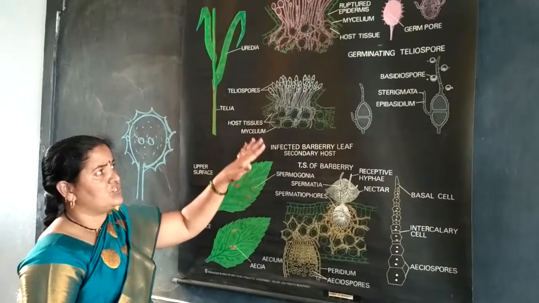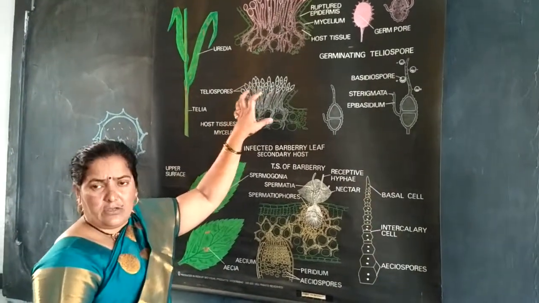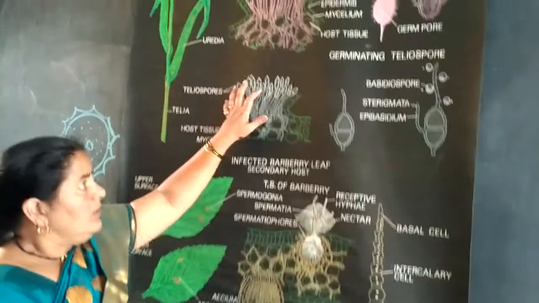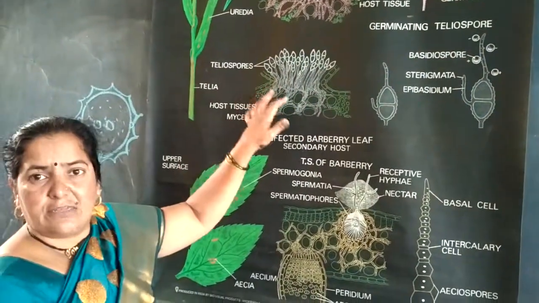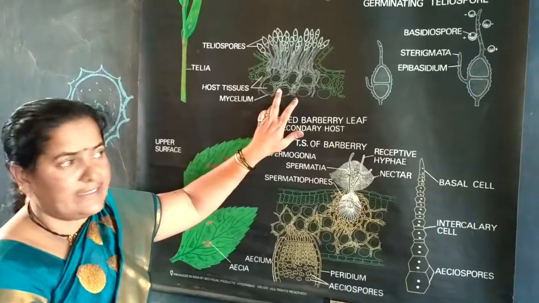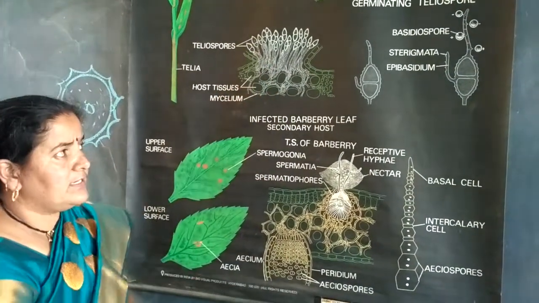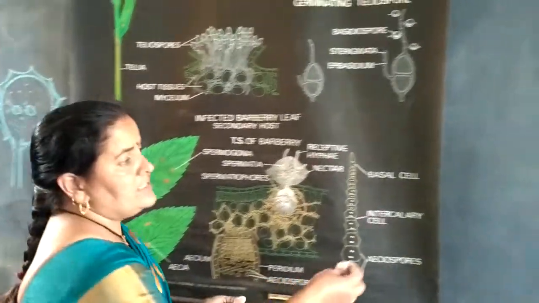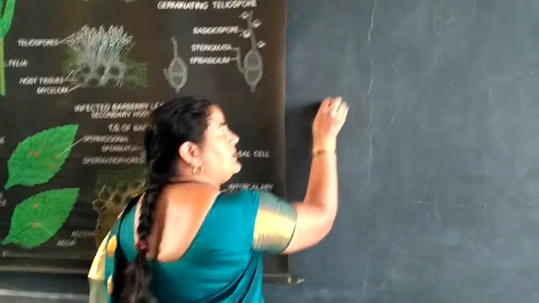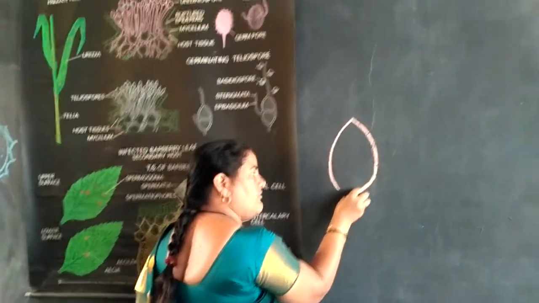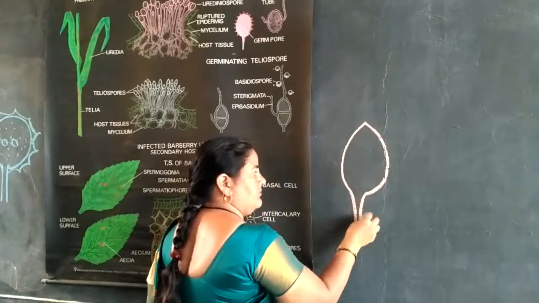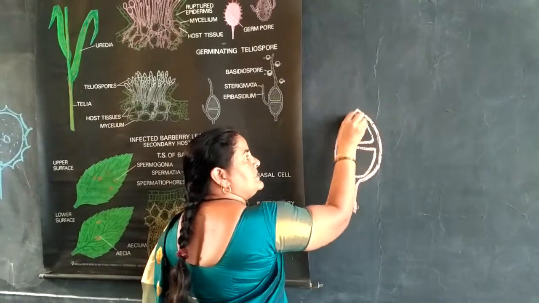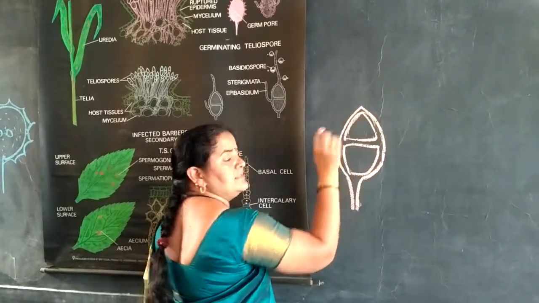In the telial stage, the teliospores are produced by the telial pustule. This telial pustule is brown to black in color. The pustule shows the presence of teliospores. These teliospores are spindle-shaped structures having a cell wall. Inside this cell wall, there are 2 separate cells.